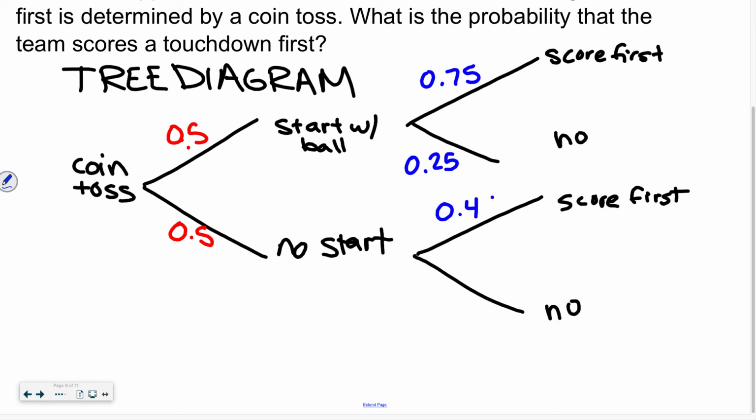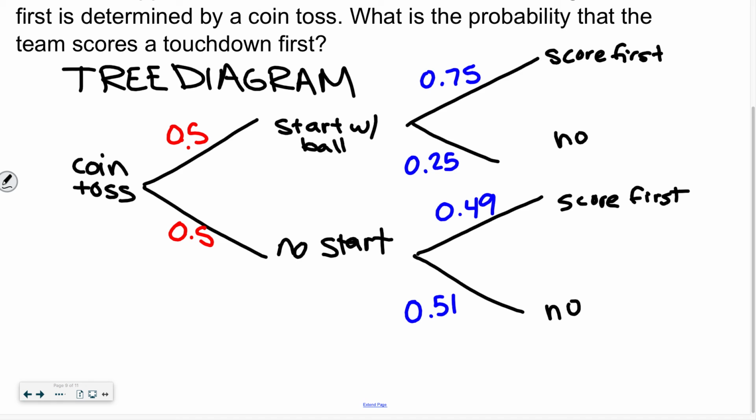Thank you, Lexi. That's the complement, right? And then you don't score first? 0.51. That's the one they gave you. So you've got to be really careful when you read those problems and make sure you're assigning probabilities to the correct branches. But the best thing you can do is try to piece it apart. What are the different things that are happening that you can do probabilities of?